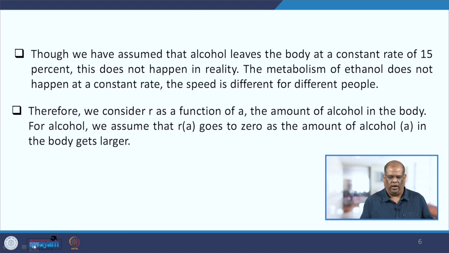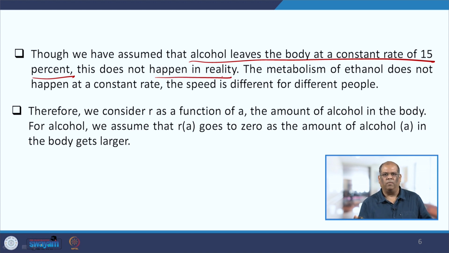Now, here is the thing. We have assumed that the alcohol leaves the body at a constant rate of 15%, but in reality this does not happen, because the metabolism of ethanol is not at a constant rate. Its speed is different for different people. So, instead of taking R to be a 15% constant, you consider it as a function of A, the amount of alcohol in the body.